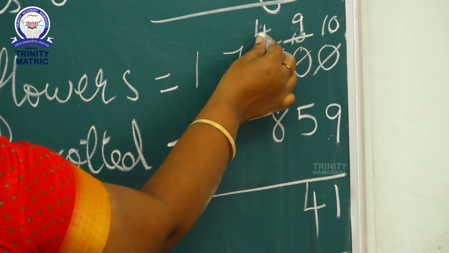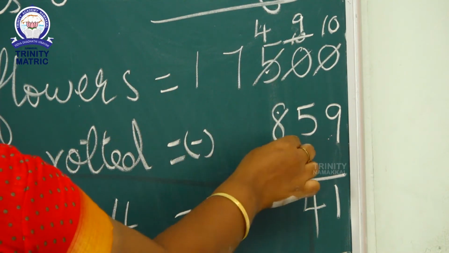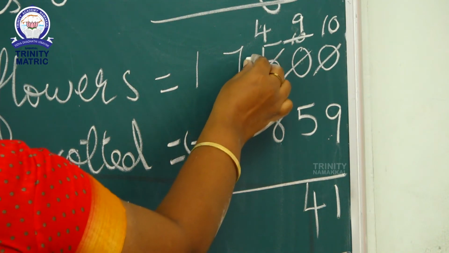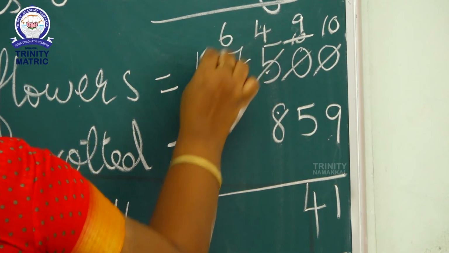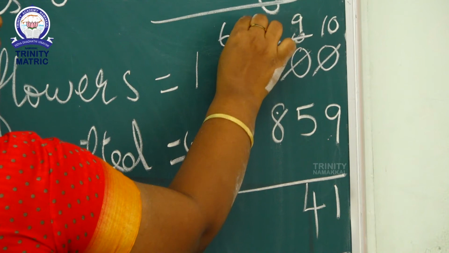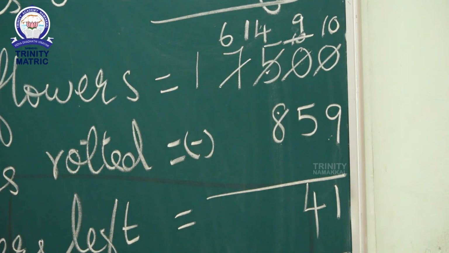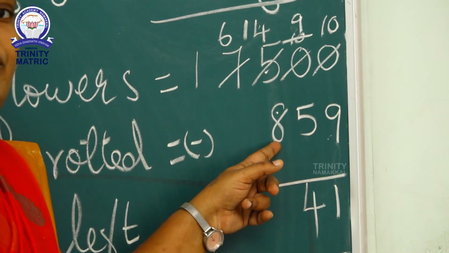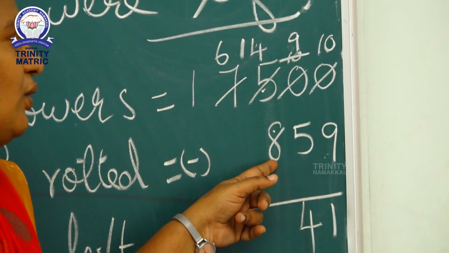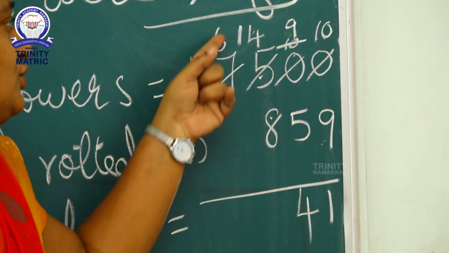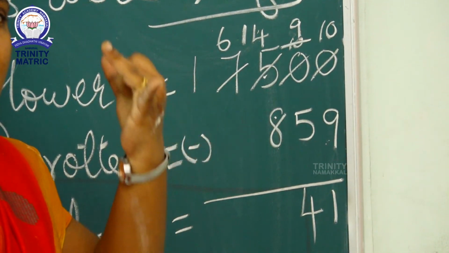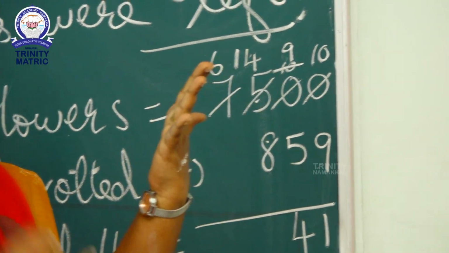And we cannot subtract 8 from 4. What do we have to do? We have to borrow from this 7. 7 will become 6. This 4 will become 14. So 14 minus 8 is what? You count 8 after up to 14: 9, 10, 11, 12, 13, 14.